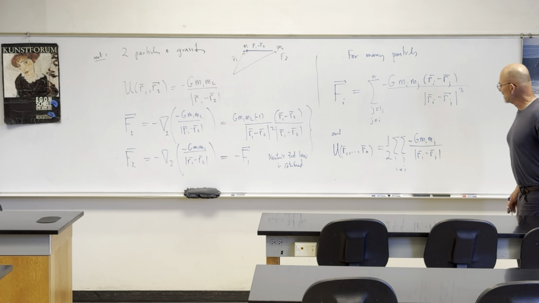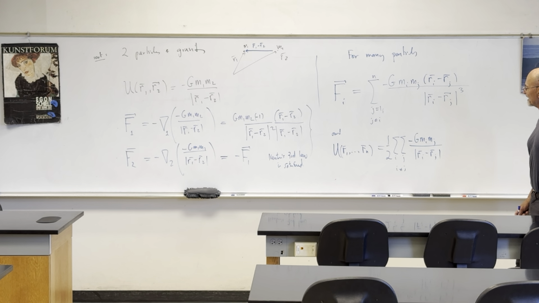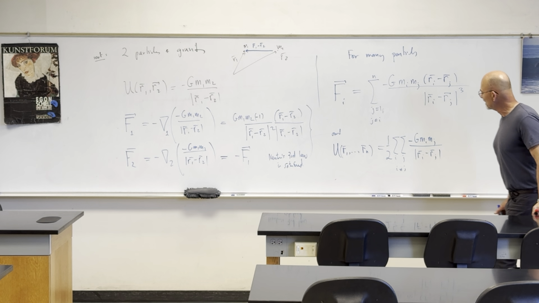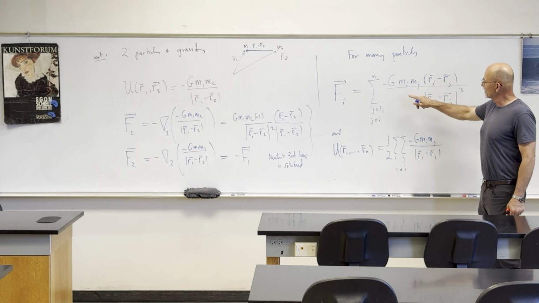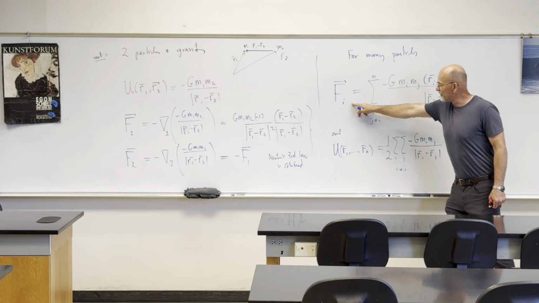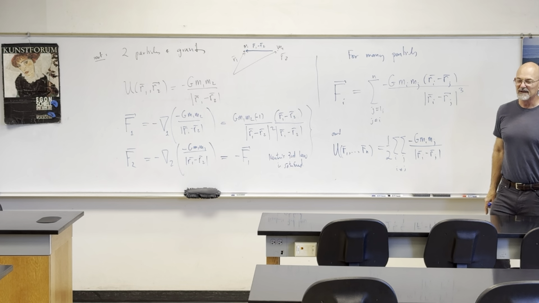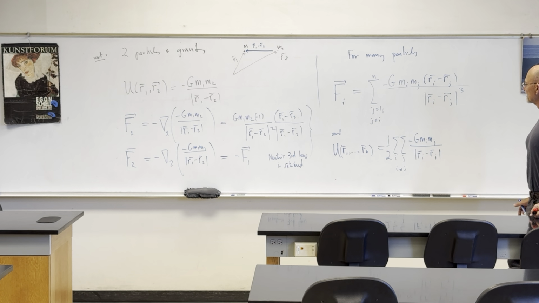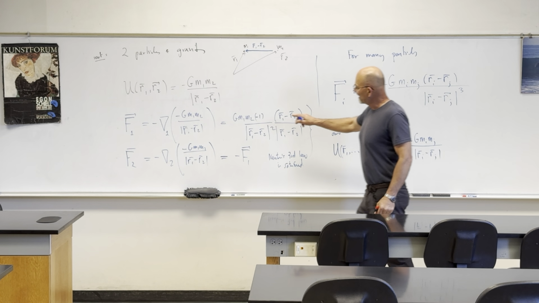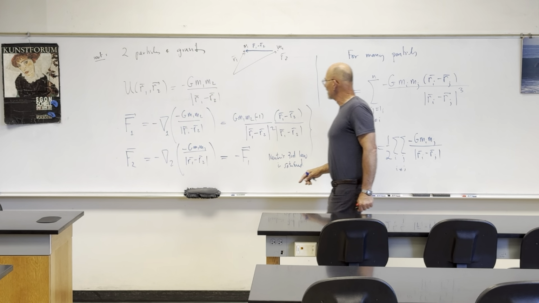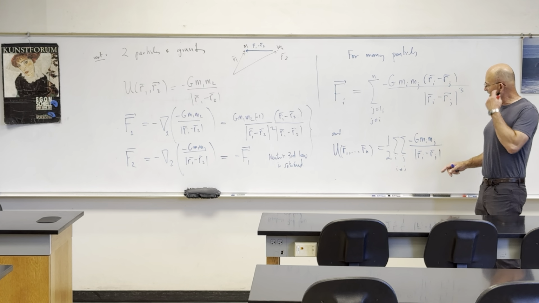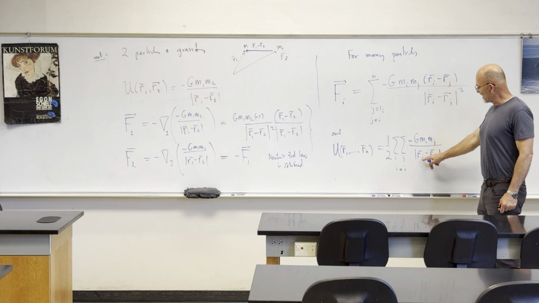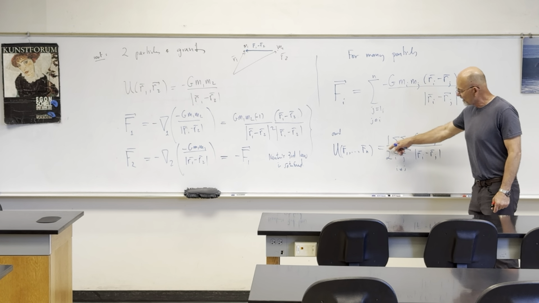I may not assign this one this semester. If you're ambitious, you can show that the kth gradient will give you f sub k up here. Let's keep this in our notes, we won't necessarily assign this one yet. But you can see this is an interesting generalization, and you basically just take this one here, but you do a double sum, because you're getting both of these individual ones twice, and then you take 1/2 of that.